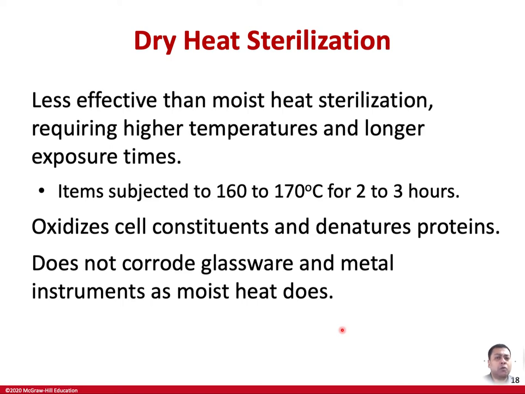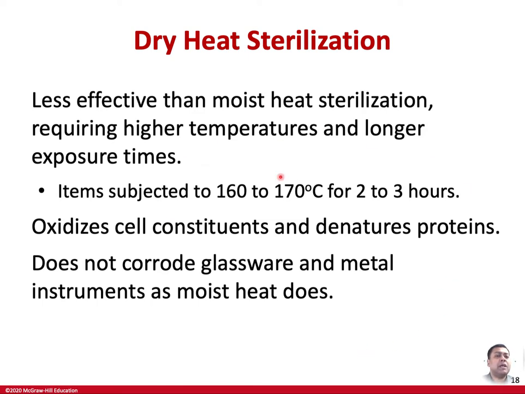The endospores of Clostridium botulinum can survive only about 5 minutes of moist heat at 121 degrees Celsius, which is autoclaving. In an autoclave, in 5 minutes, all the spores of this microorganism are dead. On the other hand, with 160 degrees Celsius dry heat, these spores can survive for more than 2 hours. So you can easily understand that dry heat is much less effective.